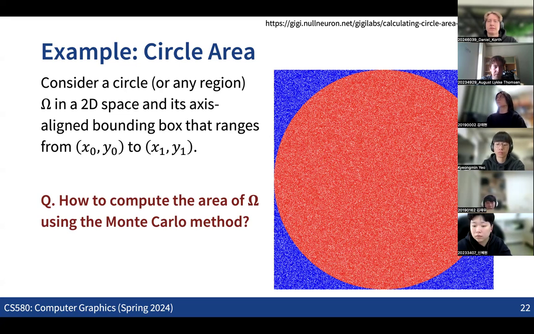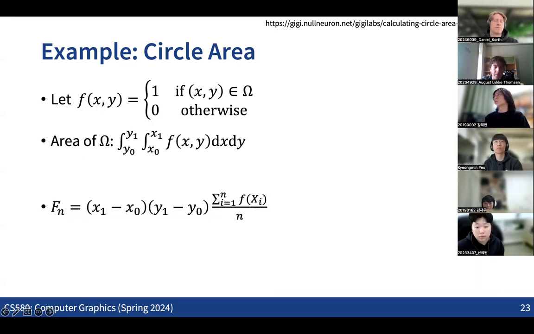Then we will be able to see how we can estimate the integral using the Monte Carlo method.